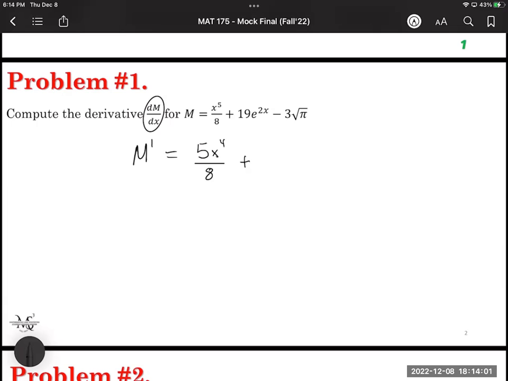Just recall for the exponential function e, if you take the derivative with respect to x of e to the u, where u is a function of x, then the formula states that the derivative with respect to x of e to the u will be what?